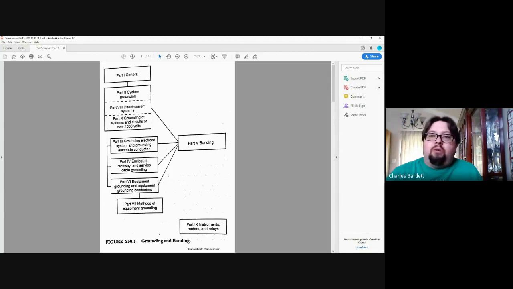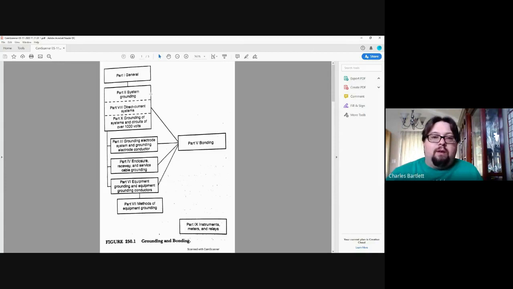In 1, it's just a general, it's got the scope of the article, it's got definitions, it's got other general requirements, but the most important thing in there is that we have some code that gives us the concept of having a clean connection.